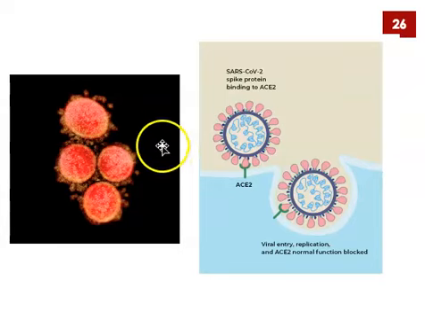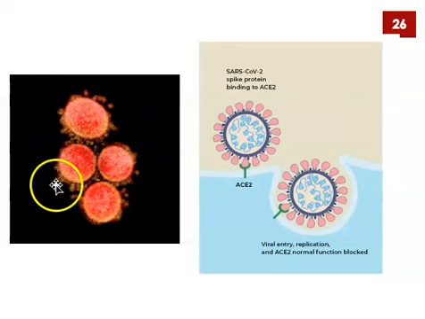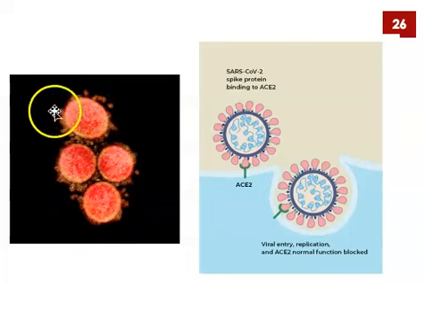This is a colorized image on the left-hand side of the slide, taken under the electron microscope of this troublesome SARS-CoV-2 virus. You can see the spike proteins, the corona, the crown, surrounding these individual particles. Over here on the right, this is an artist's depiction of the SARS-CoV-2 virus, again with its spike proteins.